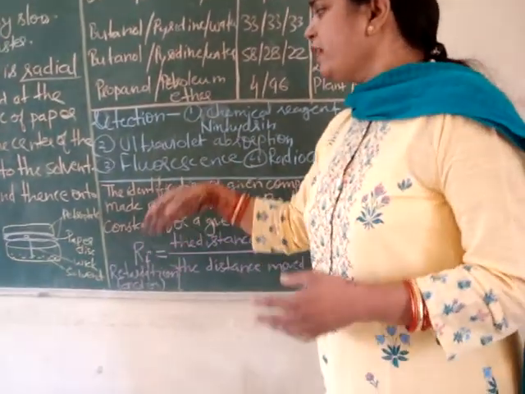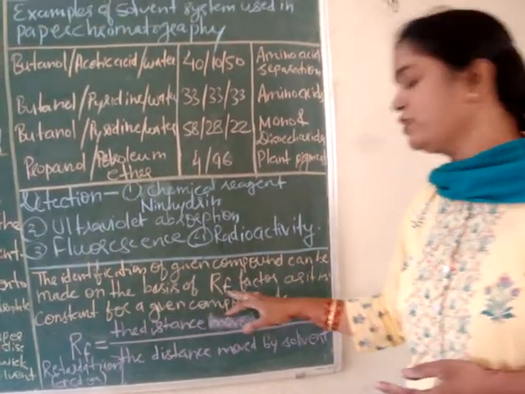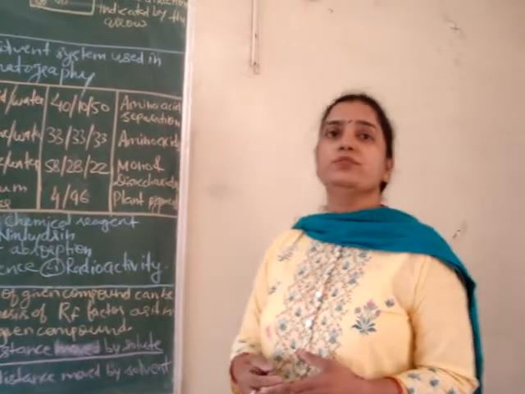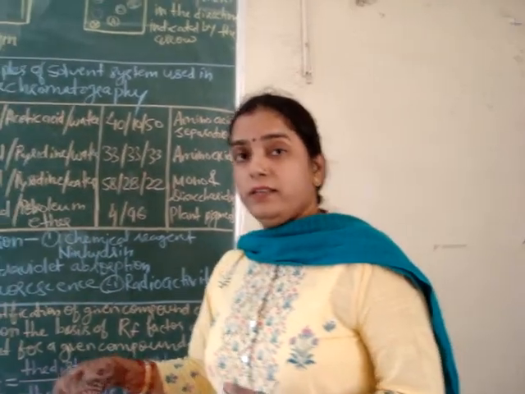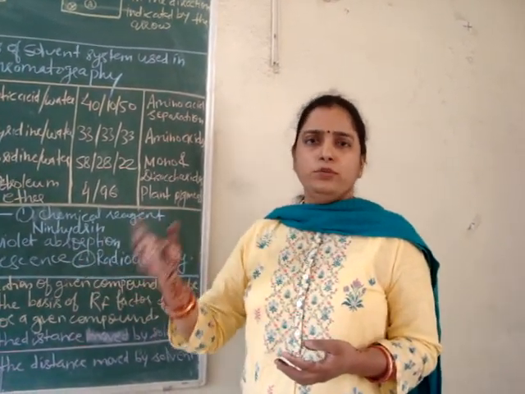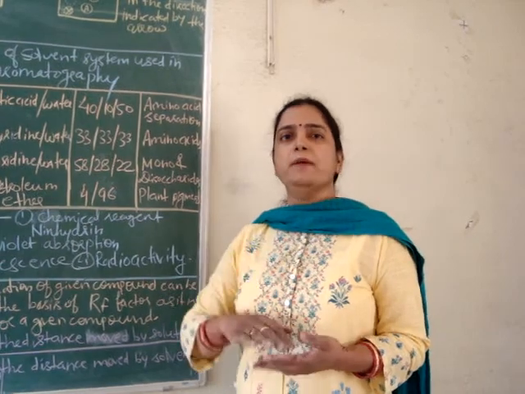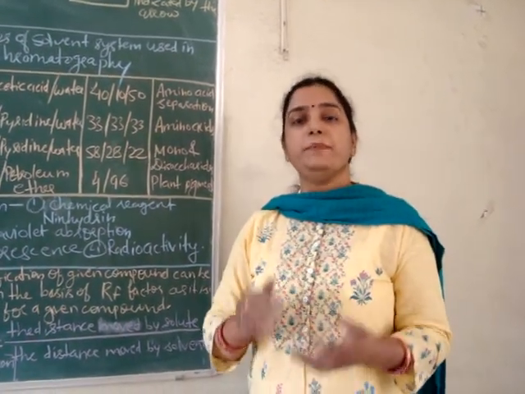Now after detection, the identification of a given compound is made on the basis of its RF factor, known as retardation factor or relative flow, as it is constant for a given compound. So we can measure the RF of the separated solute or components and then compare it with the standard one, so that we can identify the separated compounds.